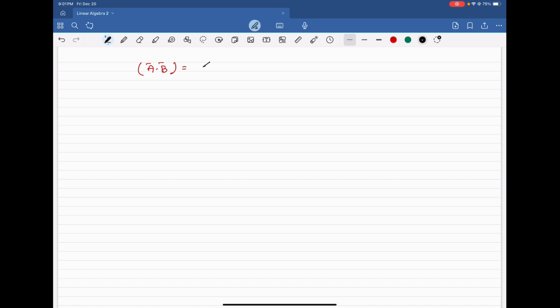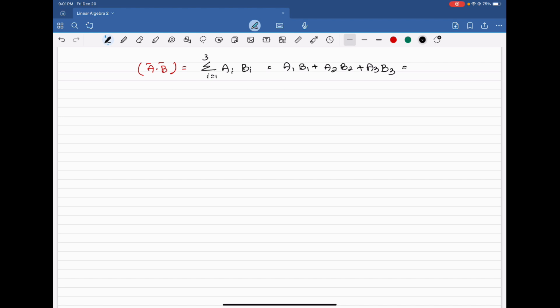This is the sum over I equal to 1, 2, 3 of AI BI, that is equal to A1 B1 plus A2 B2 plus A3 B3.